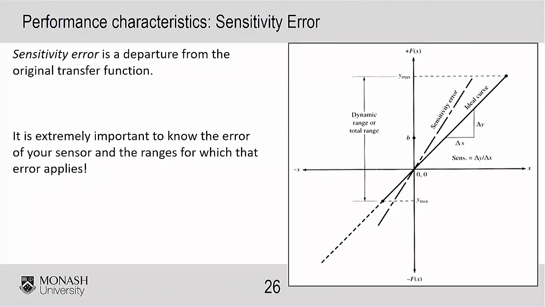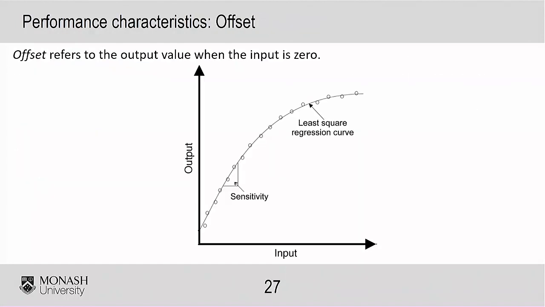That's where it's really critical to know the error of your sensor, and again, with the offset as well. Offset we've pretty much covered. It refers to the output value when the input is 0. In this case, you can see that the offset is actually quite close to 0, but we already covered that before.